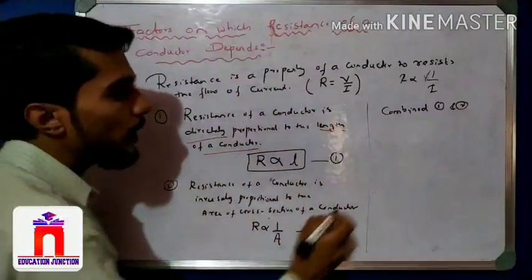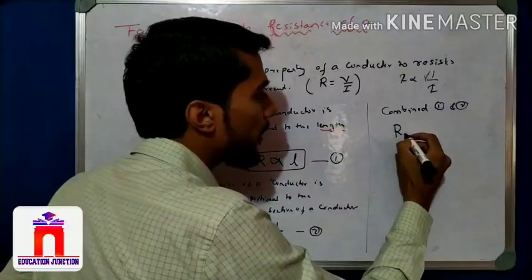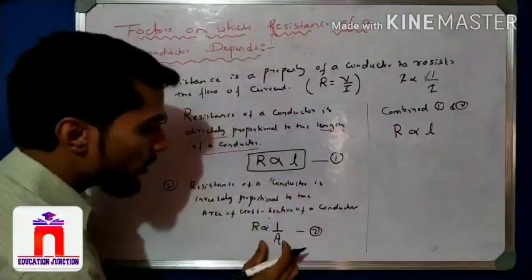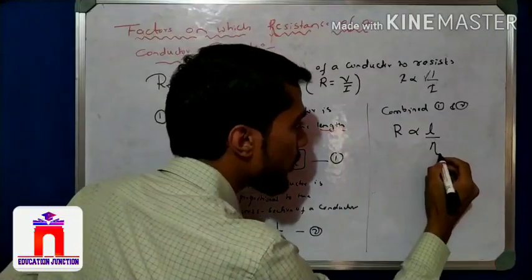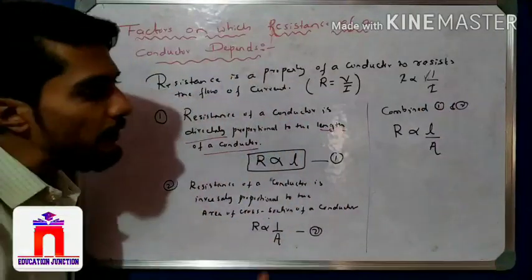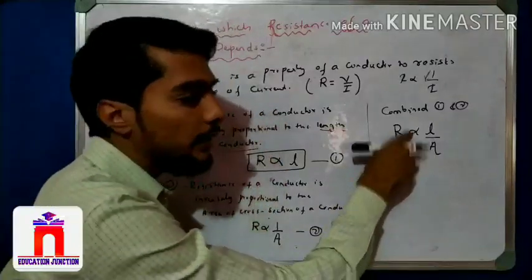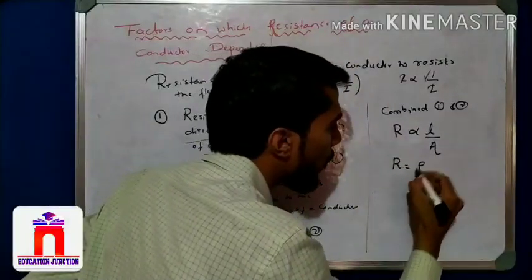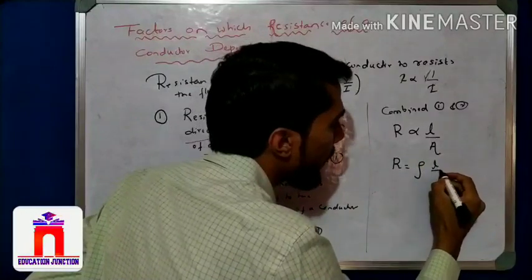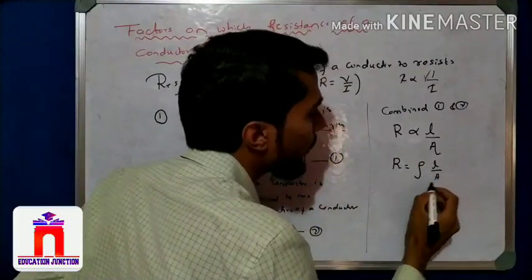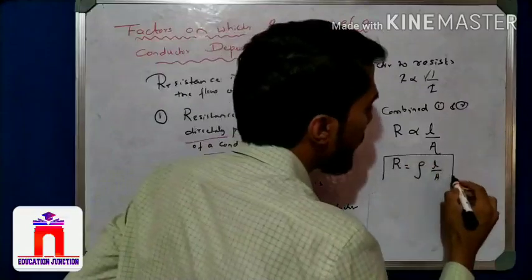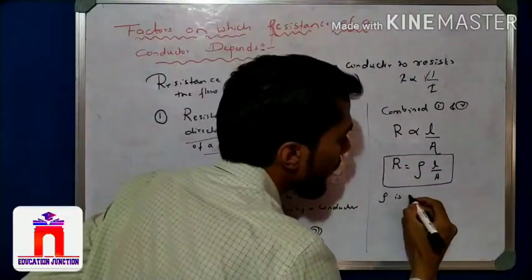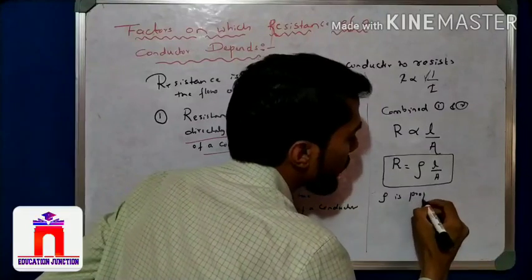Equation 1 says directly proportional to the length, and equation 2 says inversely proportional to the area. We remove the proportionality sign by a symbol, rho, so R equals rho into L by A. This is the final answer, and here rho is the proportionality constant.